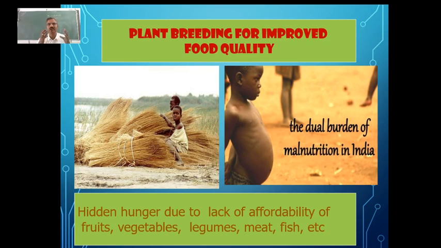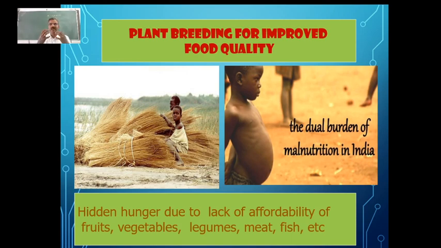As I told you in the previous class, about 35% of the world population is affected by non-availability of food, and those who are getting it also are not having enough nutrients in the food which they take, because of which many are suffering from malnutrition.